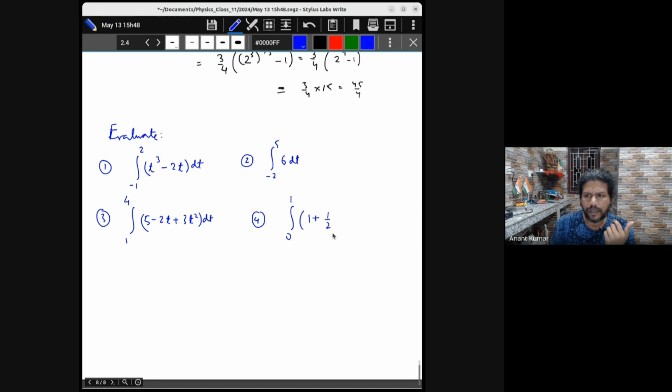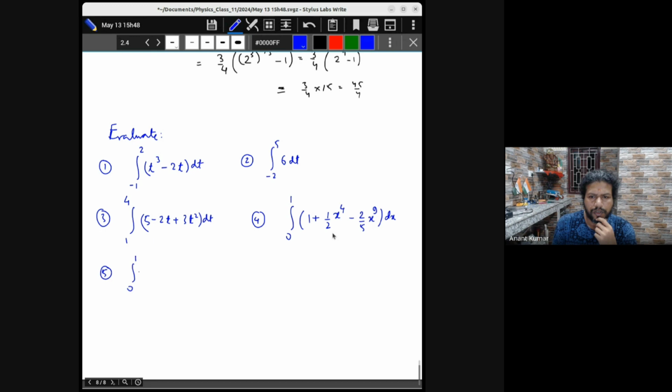Let us say we just take a different variable instead of t. I'll just put x. It should not be much trouble because just the name has been changed. This should be rather straightforward. In any case, the definite integration will give us a number.